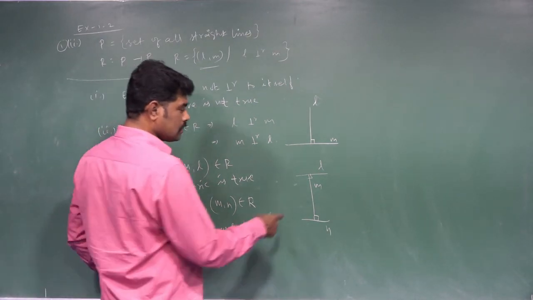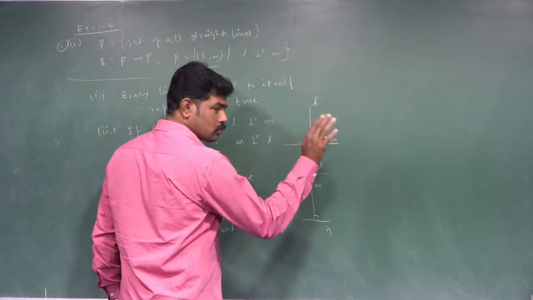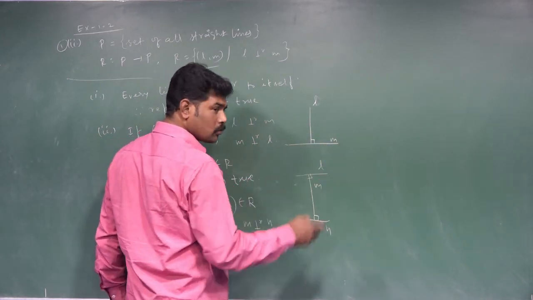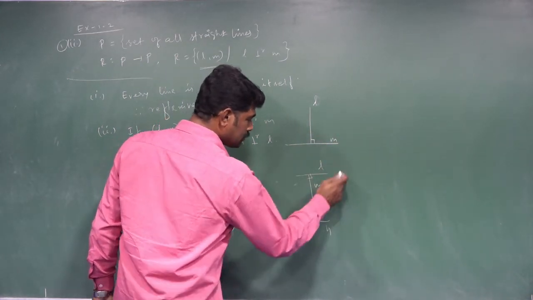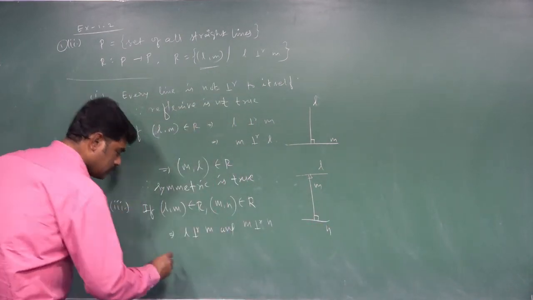But here, L is perpendicular to M. That is okay. M is perpendicular to N. That is also okay. But what about L and N? They are parallel to each other.